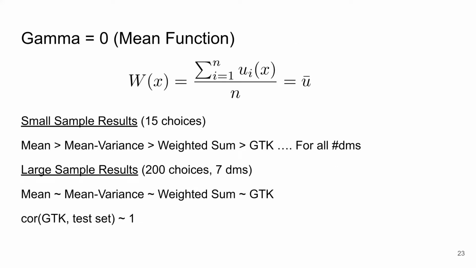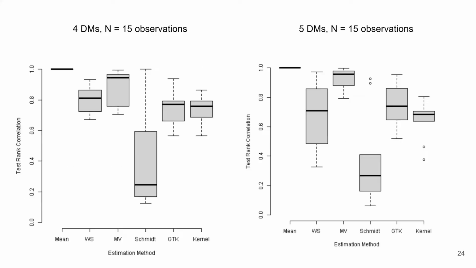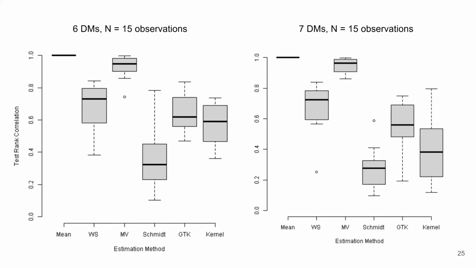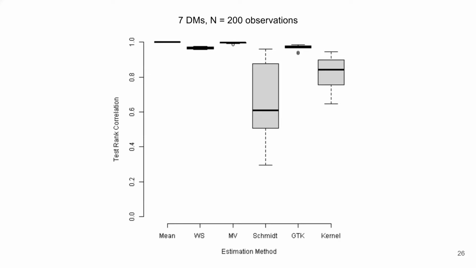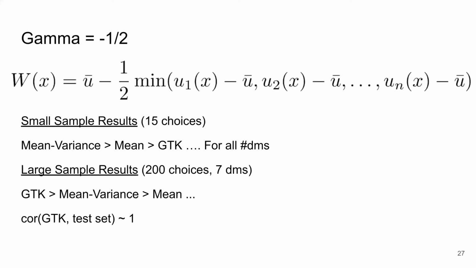When we look at the mean function, we can see that the mean outperforms the mean variance, outperforms weighted sum, outperforms GTK. For the large sample, they're all fairly equivalent, where again, the rank correlation is approximately 1 between GTK and the test set. Here's 4 and 5 decision makers, 6 and 7 decision makers, and 200 observations with 7 decision makers.